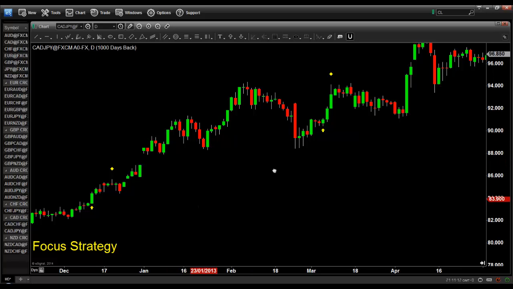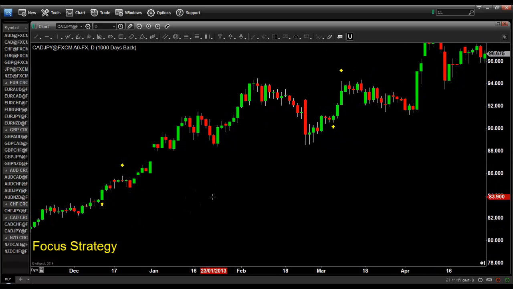Okay, now that's not all, because the indicator will just tell you where the setups are occurring. It's up to you to apply what you've learnt in the course and decide whether you're going to take that setup or not.